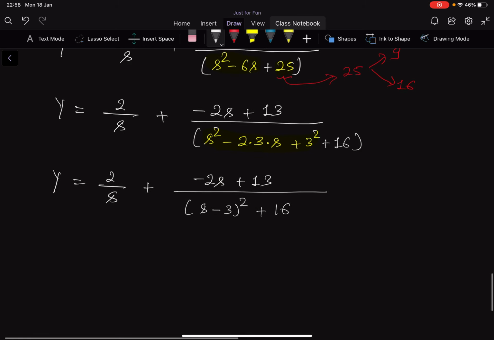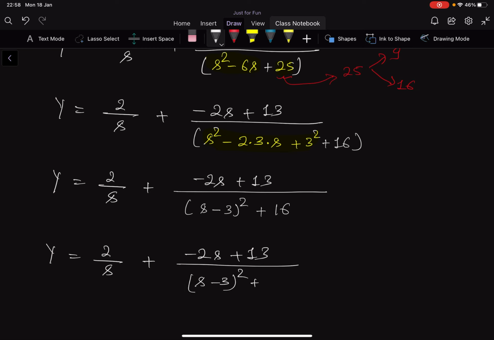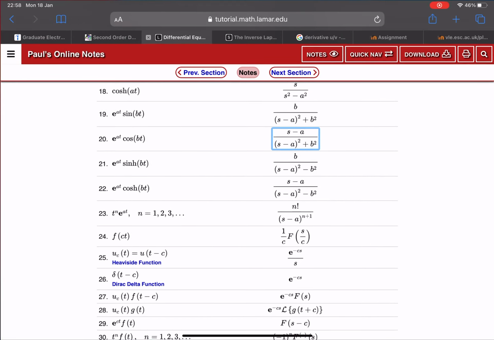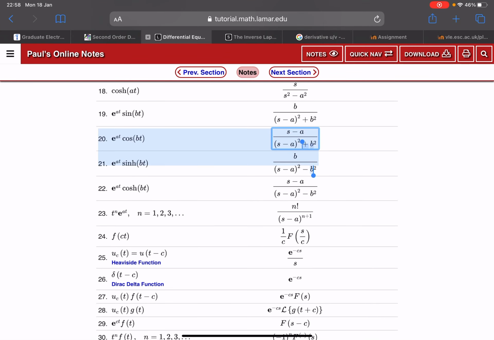Okay, all right, so once I have that, I can go further: 2 over s minus (2s plus 13). And then you can see here the format which we're looking for. So 4 is nothing but 4 power 2. So if you look at the formula here, it is matching with this format.